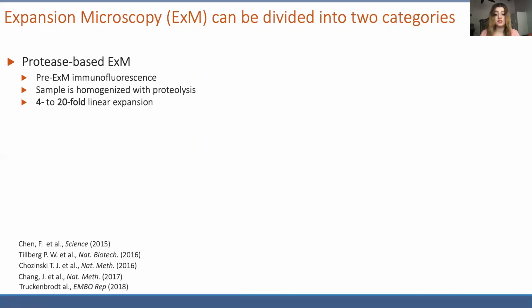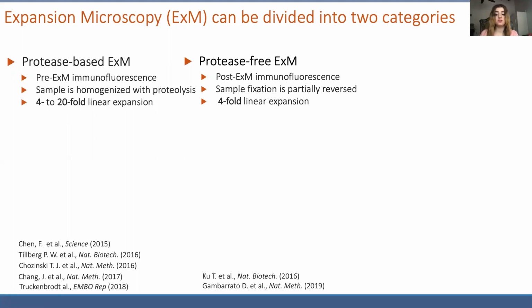The first uses proteases that chop up proteins to mechanically homogenize the sample, and this is to ensure isotropic 3D expansion. Whereas the second circumvents the use of proteases by reversing sample fixation instead. And so only denaturants that do not cut peptide bonds are used to homogenize the sample.